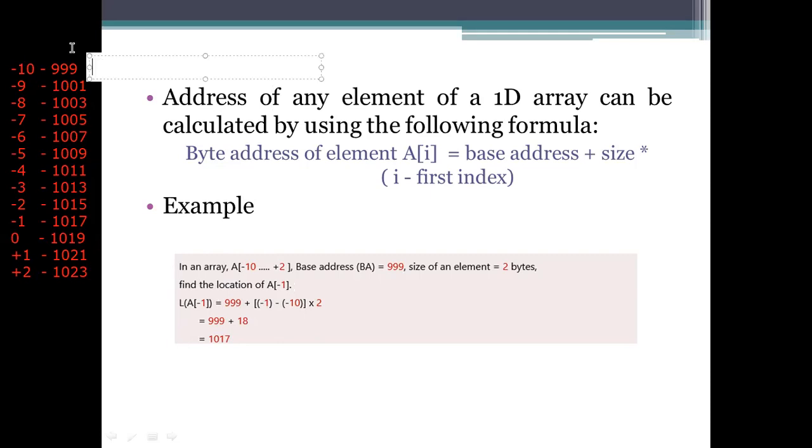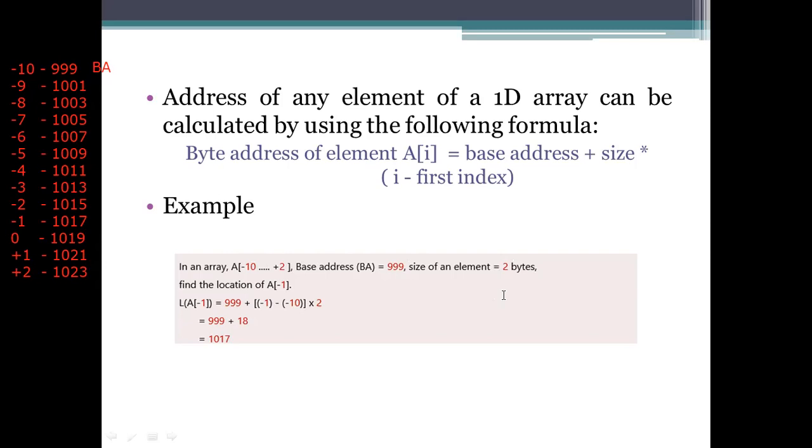The base address here is 999. This is the array using elements from -10 to +2, with the base address considered as 999 and the size of element 2 bytes. Find the location of the element -1 in the array.